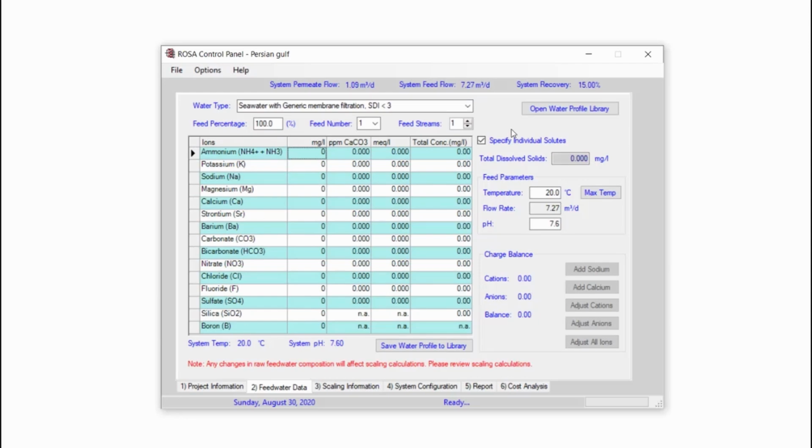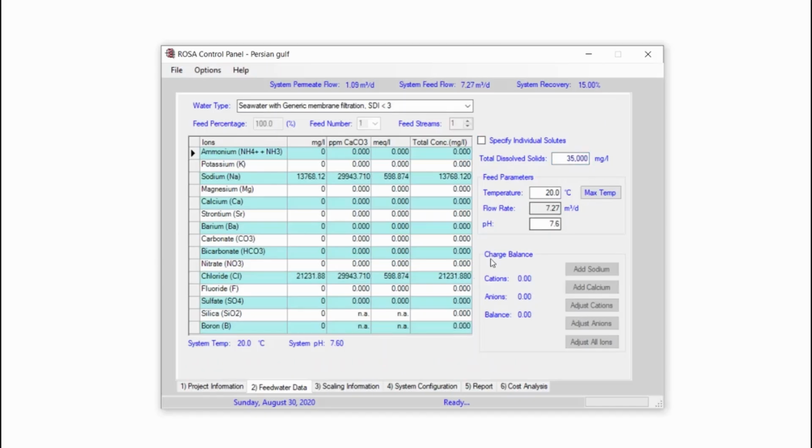Now in our case, we don't have this information, and we just work with the TDS, which in our case is 35,000. At first you have to uncross it, and we go to the system configuration.